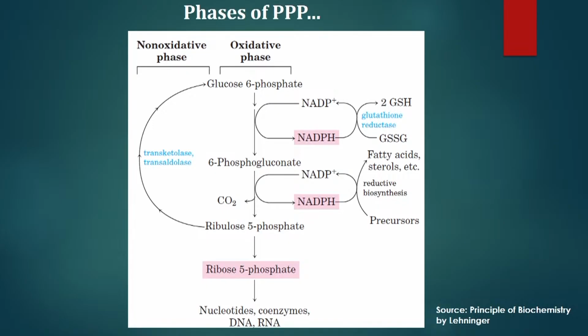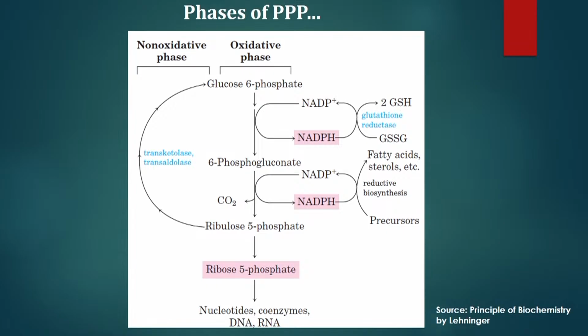If you see the figure, that is the oxidative and the non-oxidative phase. In the oxidative phase, the glucose 6 phosphate molecule, which is a reaction intermediate of glycolysis, is the precursor molecule, or you can say the start point, of the pentose phosphate pathway.